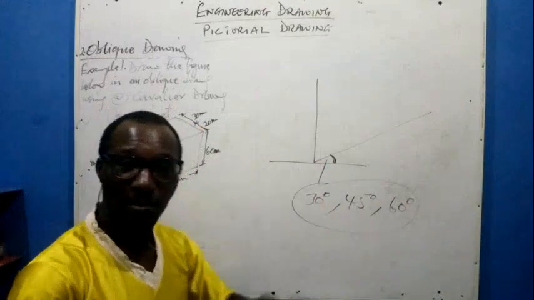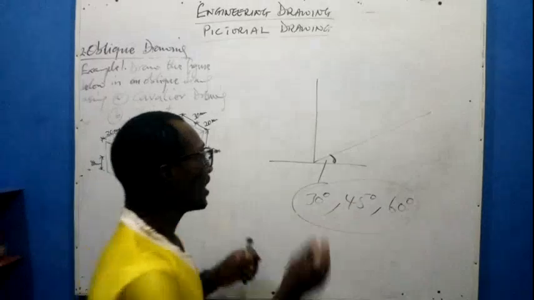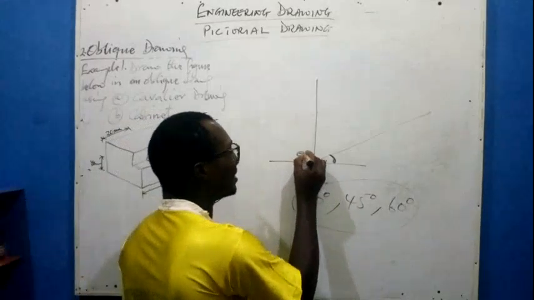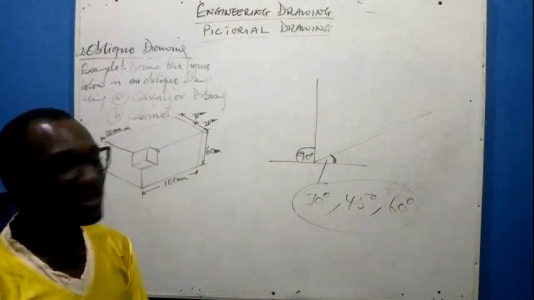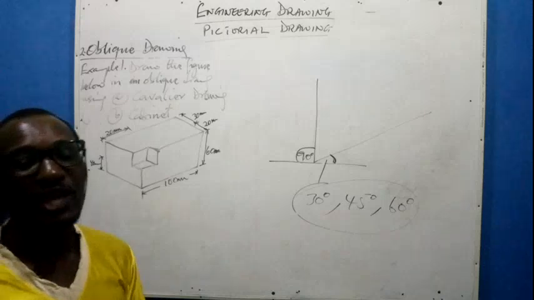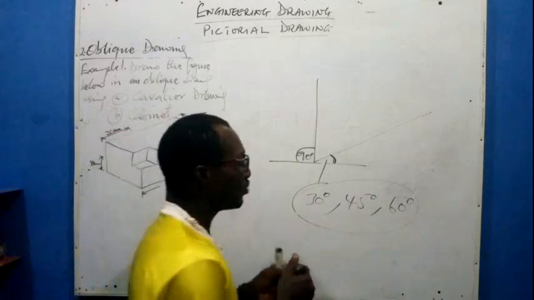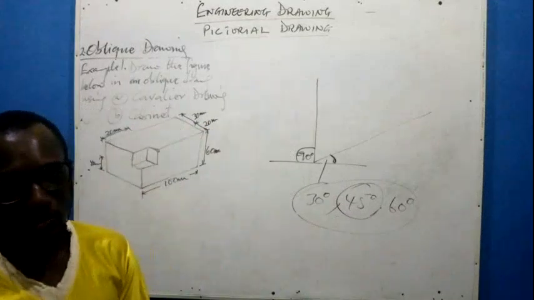These are the three angles that we use, and the other side is 90 degrees. Take note of that. It's not always 45, but when we are normally using, we prefer using 45 degrees. Take note of it.